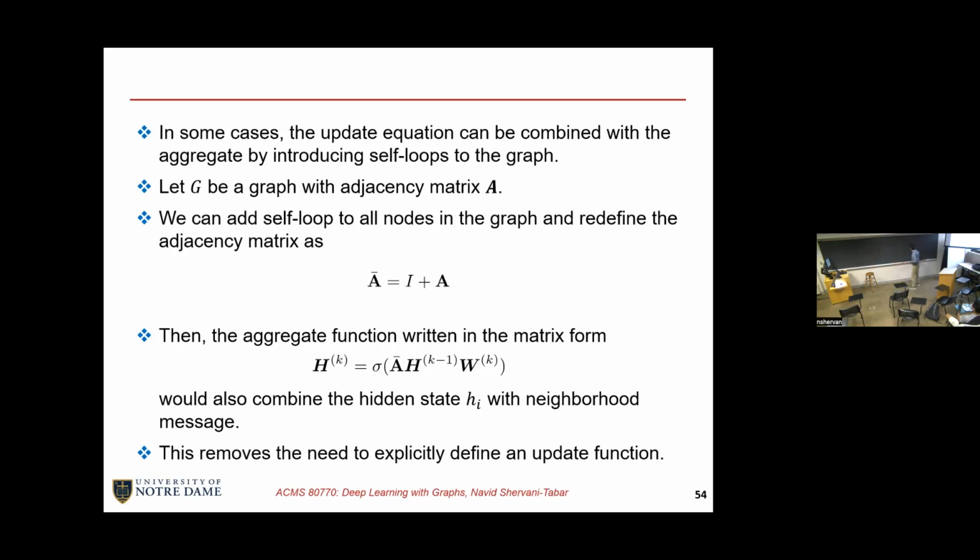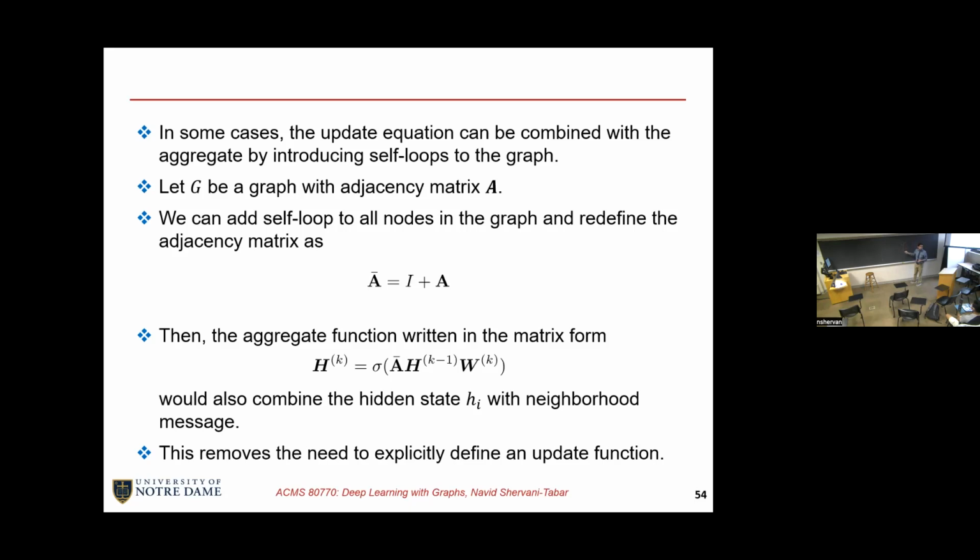That way, each node is a neighbor of itself as well, right? So you have this node, right? This has three neighbors. If I add a self loop, an edge that is connecting this node to itself, now this node is the neighbor of itself.